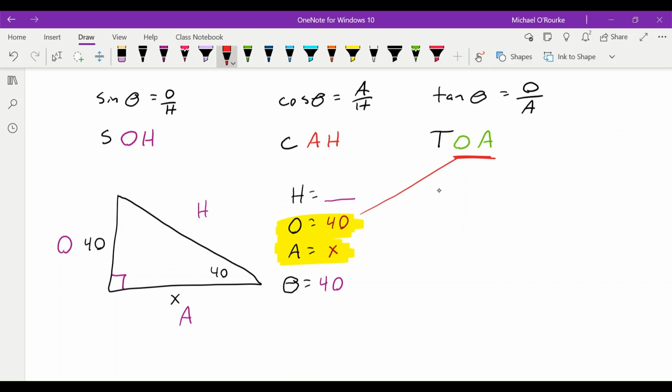So let's copy down tan theta equals O over A, and let's fill in our blanks. My theta is 40, coming from here, so I'm going to write 40 in there. My O is 40, coming from this spot here.